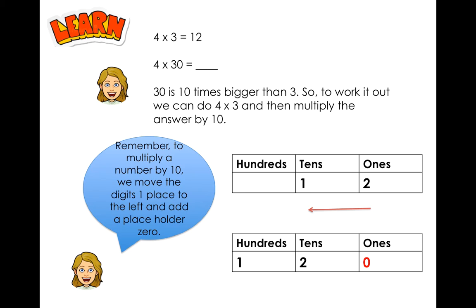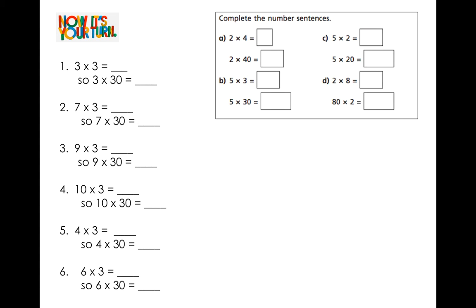Okay, fantastic. Now, if you need to go back to anything that I've said in this video, just rewind it and watch it again to help you to understand what we're doing. Now your work today, you've got a few different practice questions to work through. First of all, you've got to work out the multiplication facts that you know, and it's all on the 3 times table. Then you can use that fact to work out the multiplication question underneath.